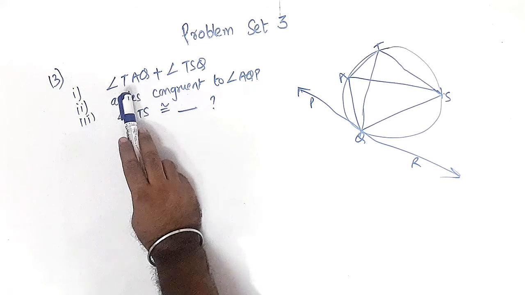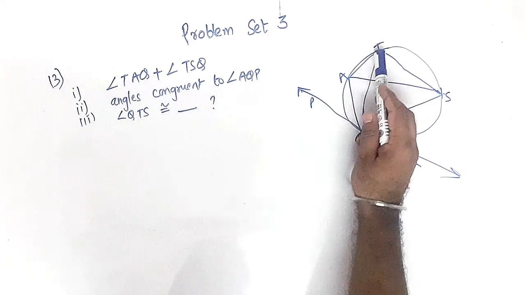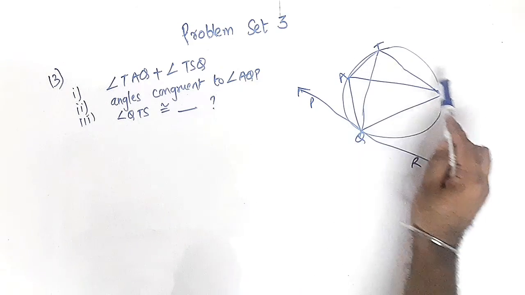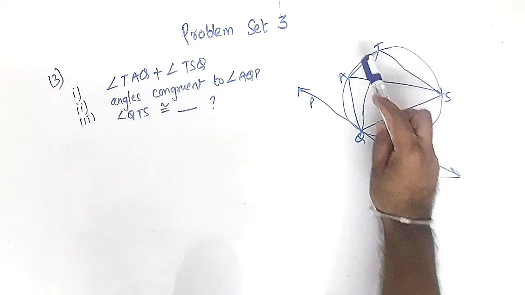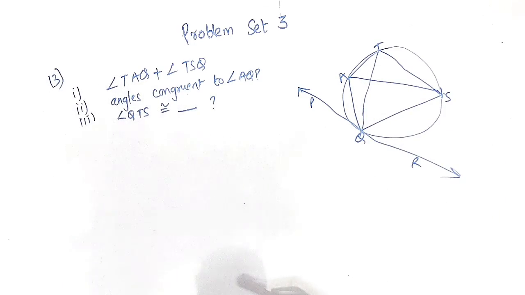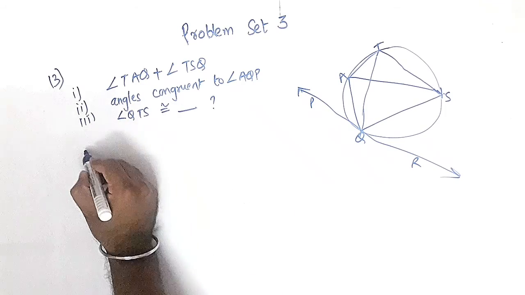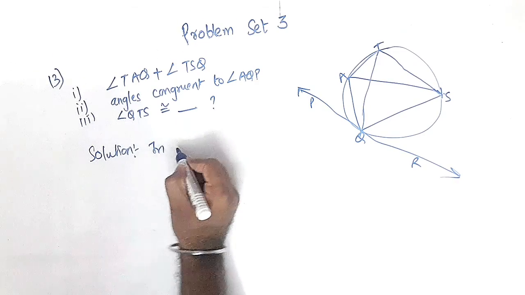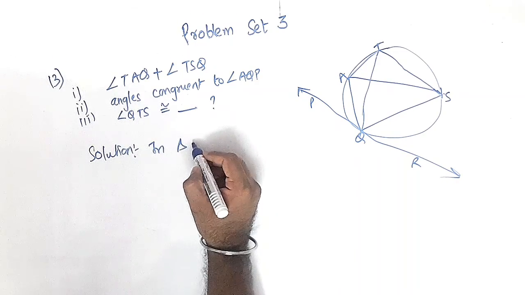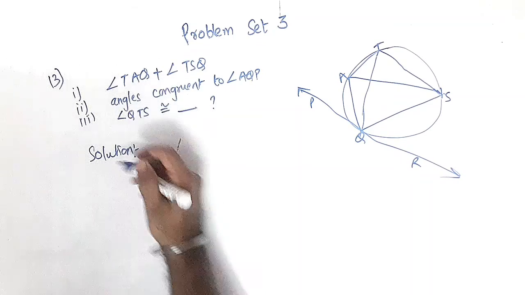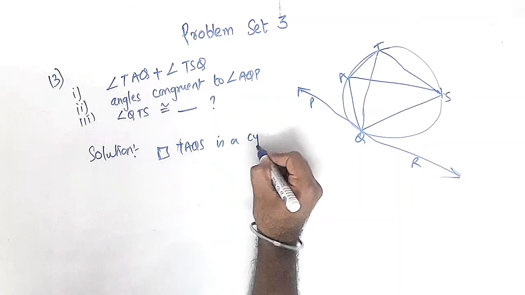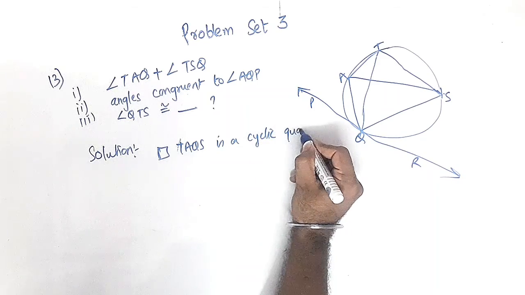They have asked what is the sum of angle TAQ and angle TSQ. Very simple, TAQ and TSQ, they are opposite angles of cyclic quadrilateral. So they will be supplementary. So you will simply write, quadrilateral TAQS is a cyclic quadrilateral.